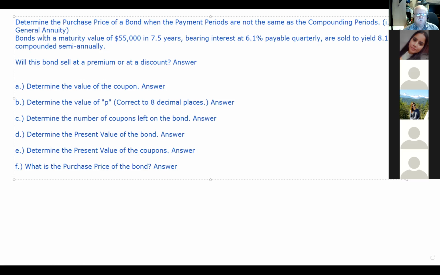So bonds with a maturity of 55,000 and 7.5 years, bearing interest at 6.1% payable quarterly, are sold to yield 8.1% compounded semi-annually.